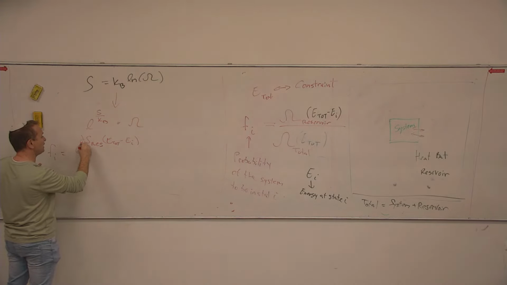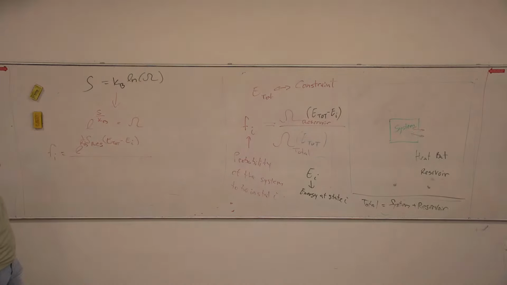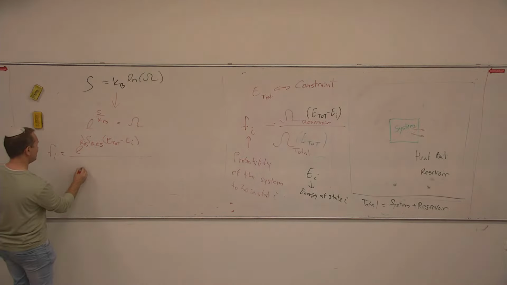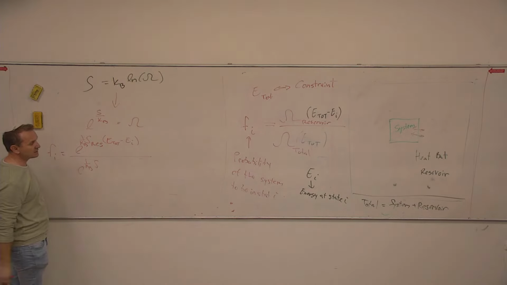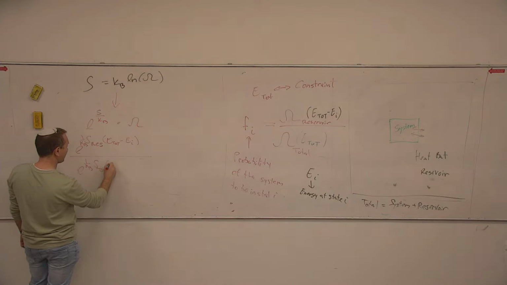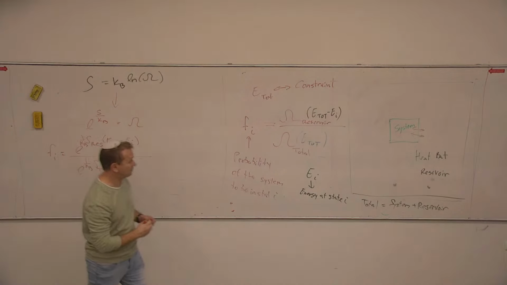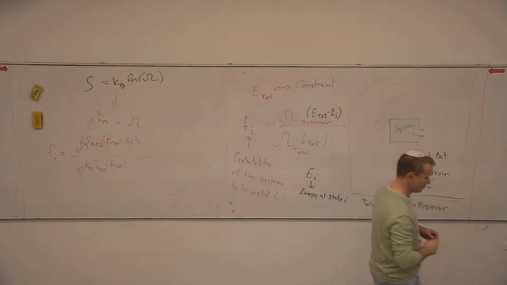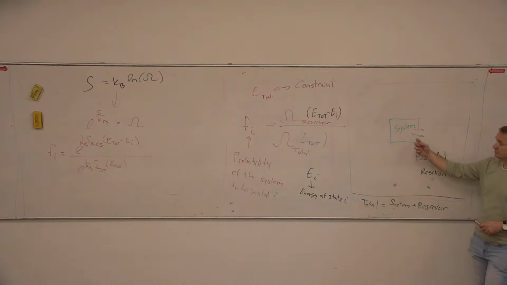And we have 1 over k Boltzmann over here. In the denominator of this fraction, what we have is e to the power 1 over k Boltzmann times S of the total system, of E total. How come the omega of EI in the system doesn't matter? Because it's not.